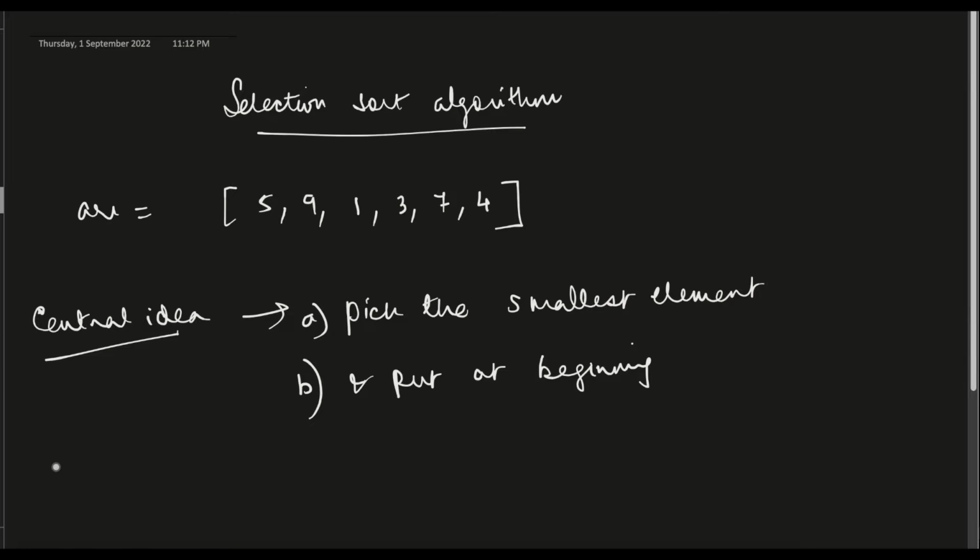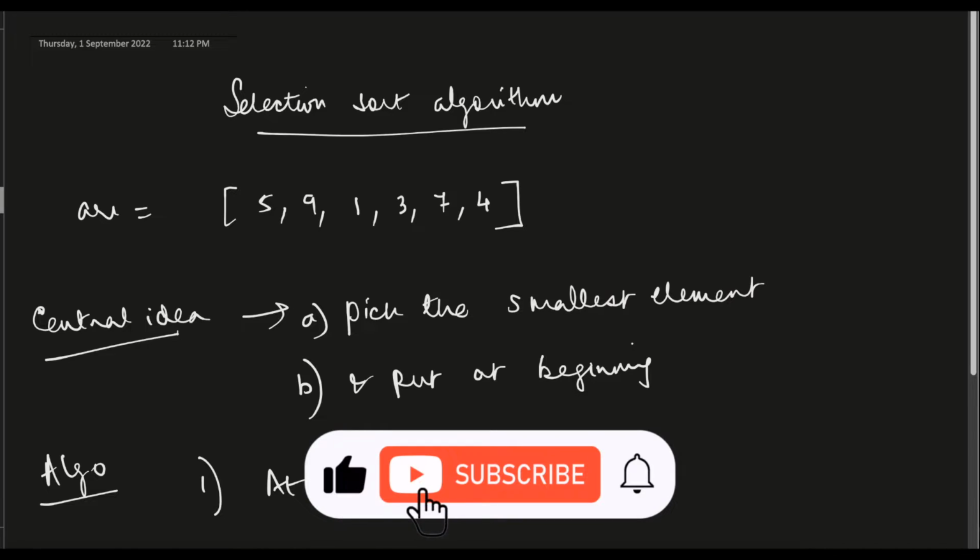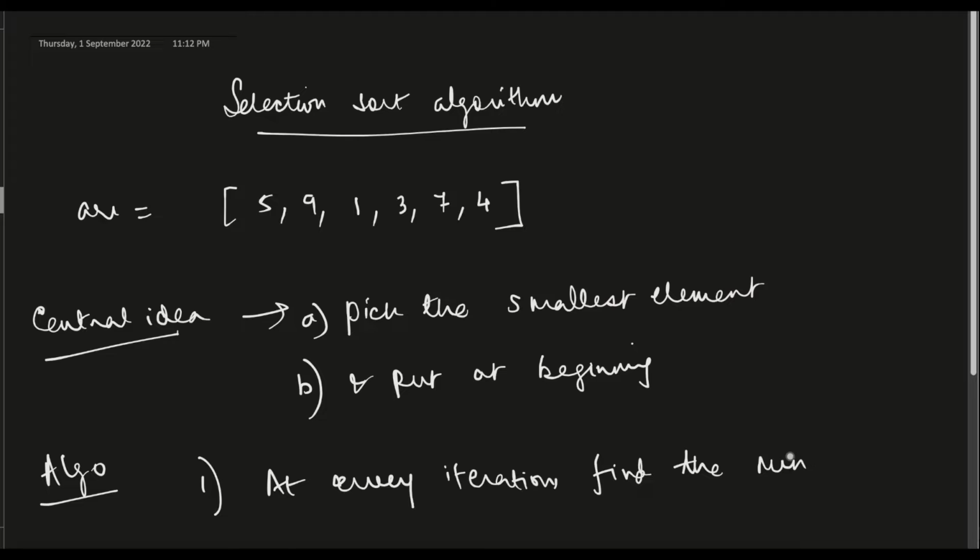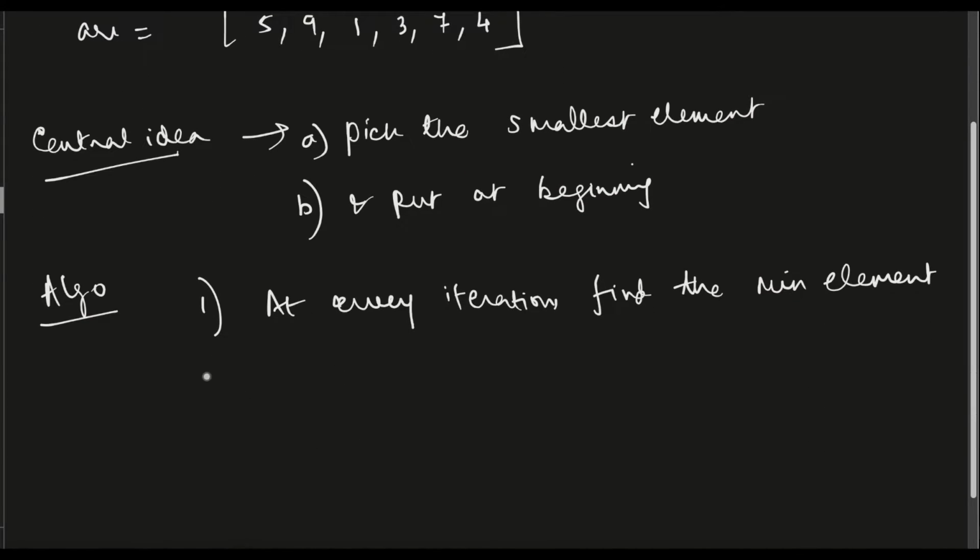So now let's understand step by step how this algorithm works. At every iteration, find the minimum element. This is the first step we have to do. How we will do it, we will see in the code, but I'm just writing an overview of this. First, find the minimum element, and then at the end of the iteration, in the first traversal, we'll find the minimum element.